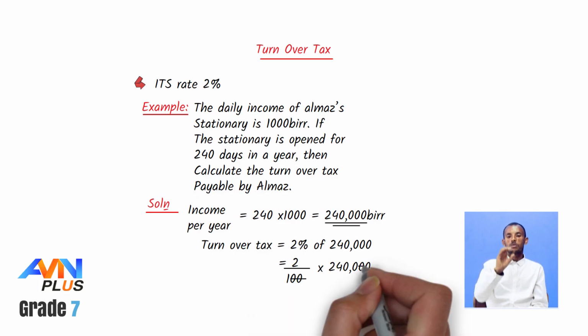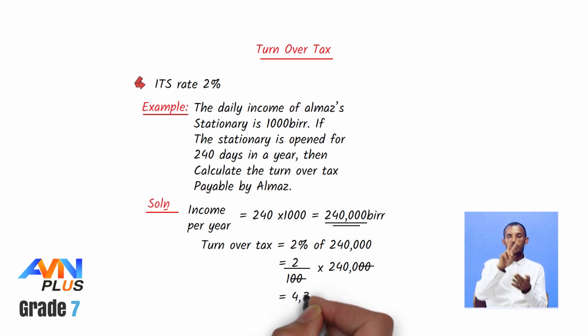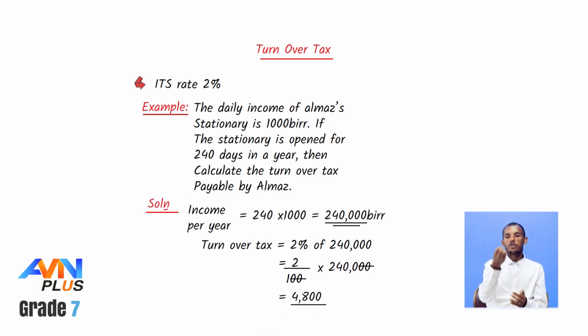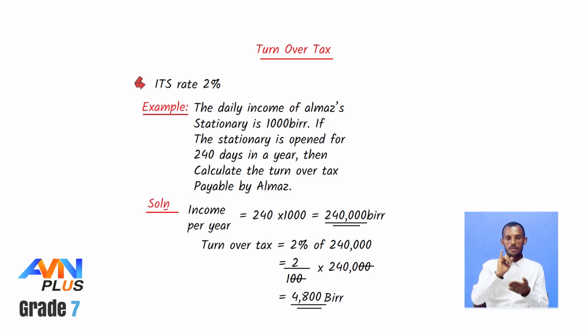These two zeros cancel out, and 2 times 24 is 48. And how many zeros? 2 zeros. So the turnover tax will be 4,800 birr. This will be the answer.